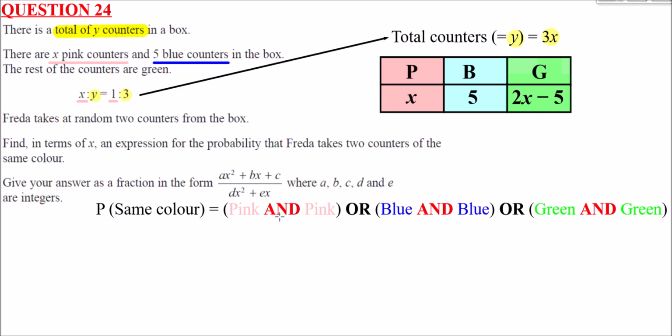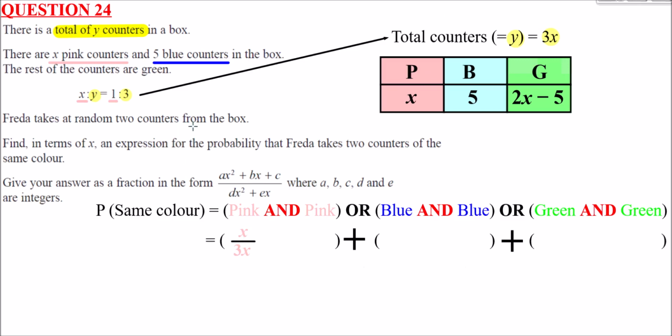So pink and then pink. Let's think about this step by step. It's going to be lots of fractions added together. So what would be the chance of picking a pink one first? Well, the total pink counters is x, and the total counters altogether is 3x. So the chance of picking pink first would be x over 3x.